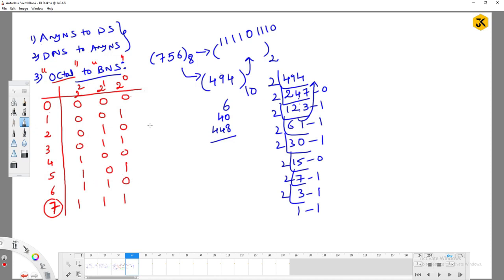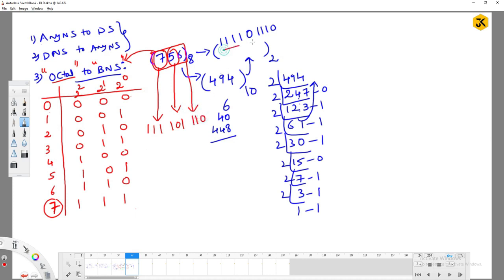Now observe the 756 base 8 you have here. You need to convert it into the respective binary number system. As I can directly represent these numbers, can we take the 7 and write its binary equivalent? 7 I can write as triple 1, 5 I can write as 101, and 6 I can write as 110.